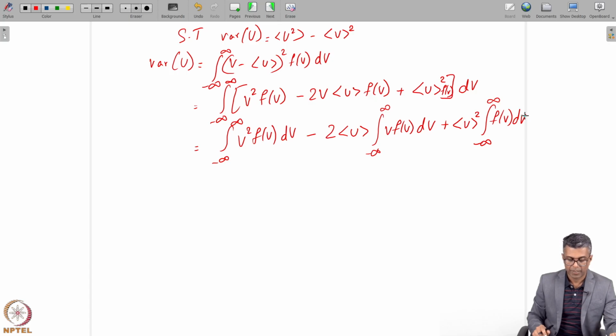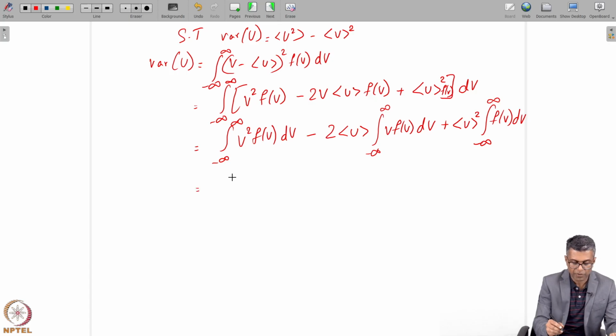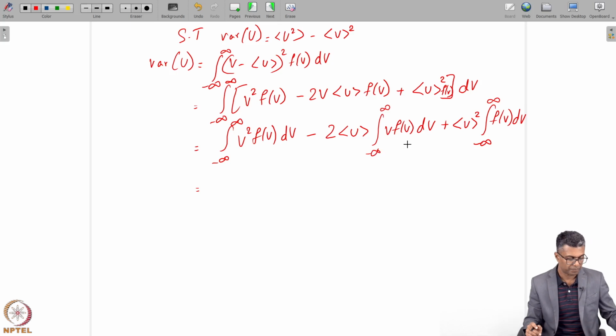So I have the integral of v squared f of v dv, minus 2 U mean times the integral of v f of v dv, plus U mean squared times the integral of f of v dv.